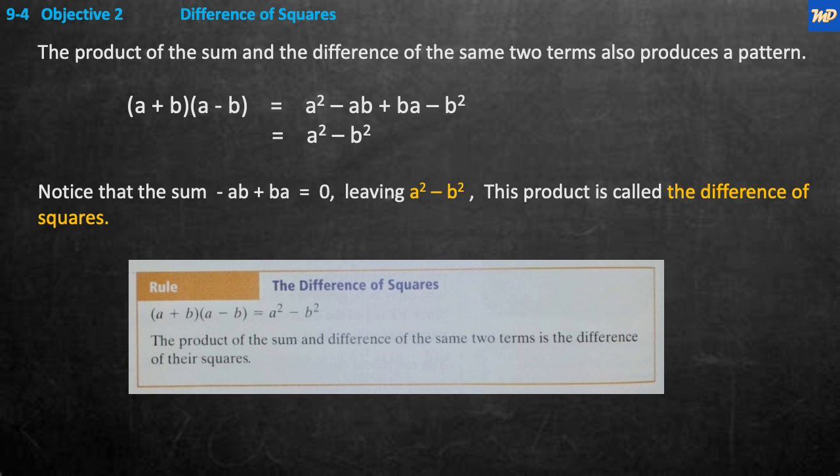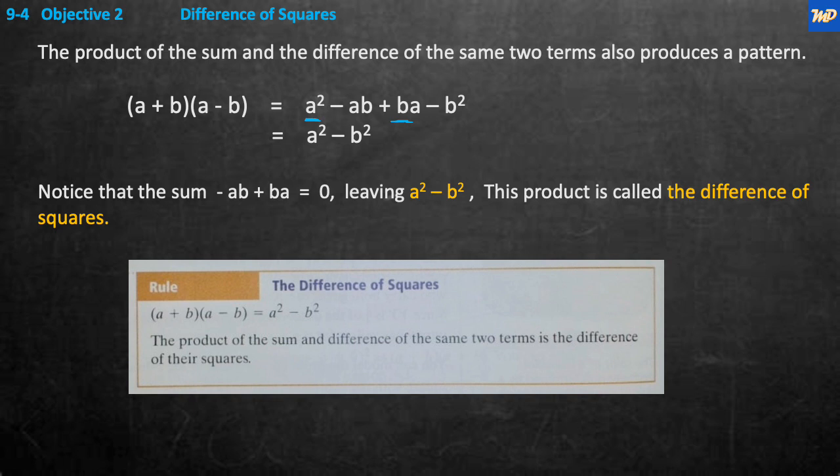right here. We're going to do this using FOIL, right? Square the first terms, a squared.